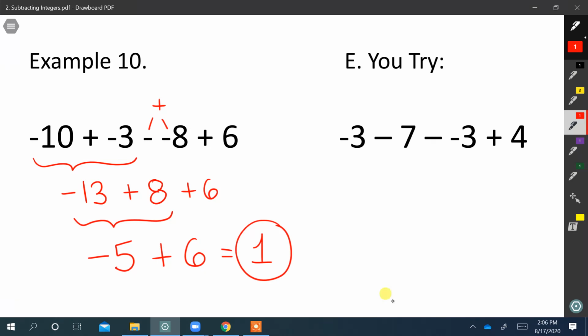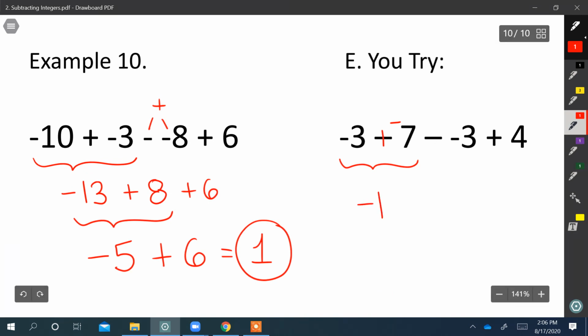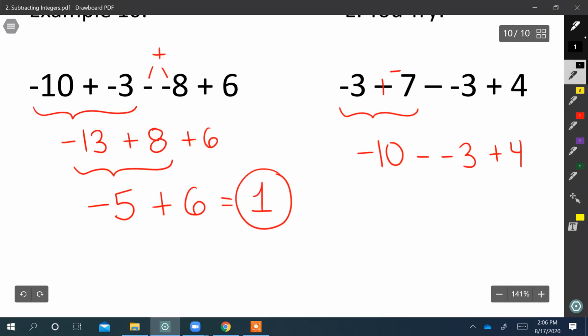Alright, so on this one here, to do those two right there, you can turn this one into a positive and this one into a negative. That is by using KCO. So negative 3 plus negative 7, that will be negative 10. If you were to apply KCO again, this will turn into a positive, and so will this right here.